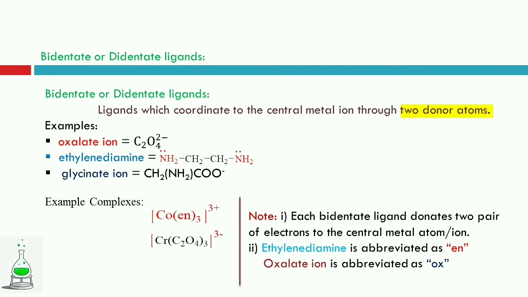So here is a note: each bidentate ligand donates two pairs of electrons to the central metal atom, and ethylenediamine is abbreviated as en, oxalate ion is abbreviated as ox. Similarly, glycinate ion is abbreviated as gly. So we use some abbreviated forms while writing the complexes.